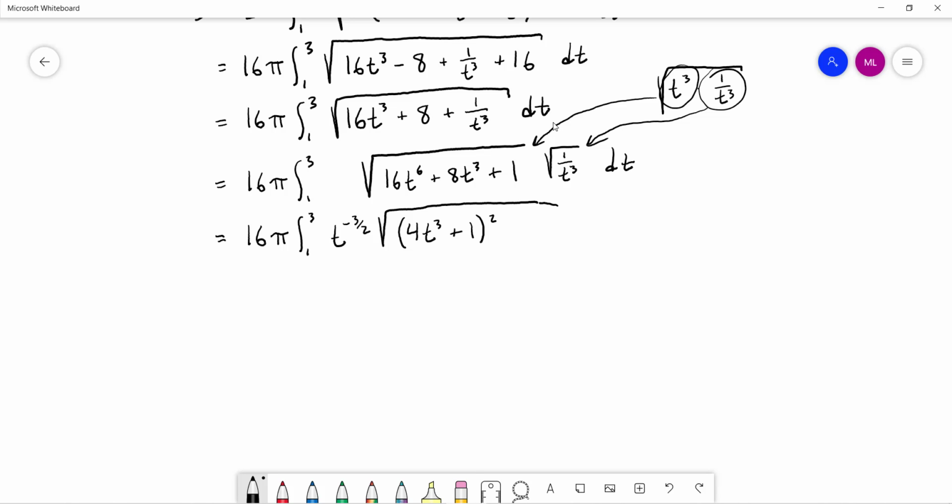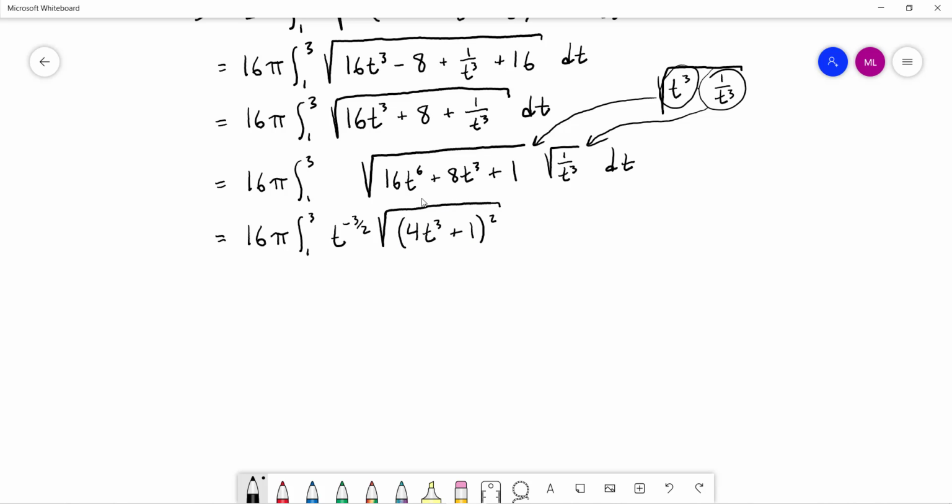And this is, again, by design on these problems. It's contrived, but all of these homework problems are contrived to work out in such a way that something like this will happen. And let's just verify. If I FOILed this out, I'd get 16t to the 6th when I multiply this by itself, exactly what we've got. I'd get a 4t cubed plus another 4t cubed. There's my 8t cubed. And then I'd get a 1 times itself, plus 1.